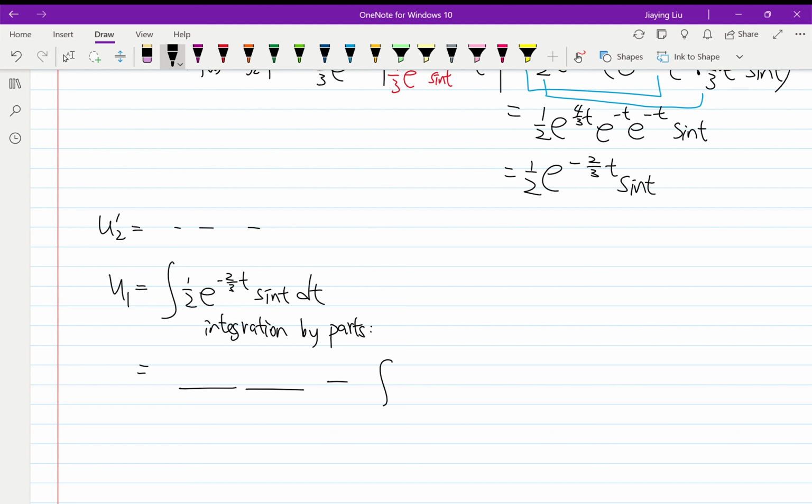But then you have an integral with exponential cosine t dt. Then you have to use integration by parts again.